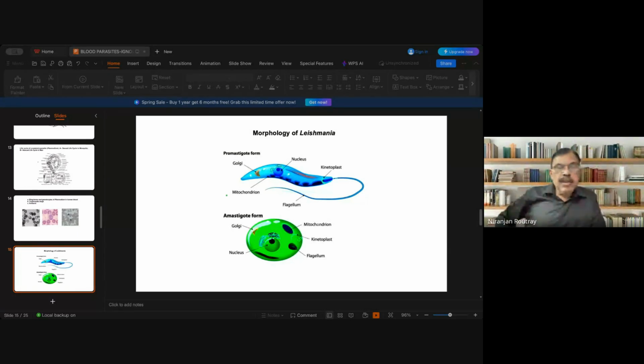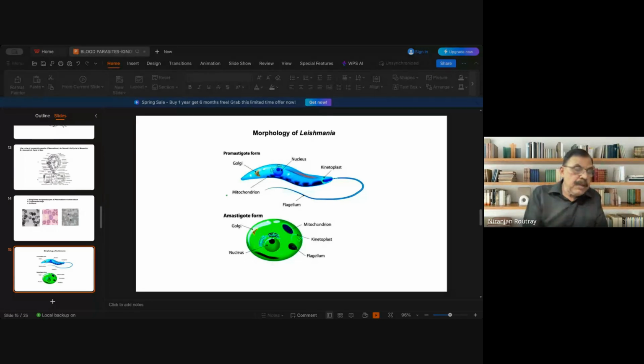These are the cells concerned with the protection of the body, with the formation of plasma cells and macrophages. If the parasite infects these regions, amastigote forms are present there.